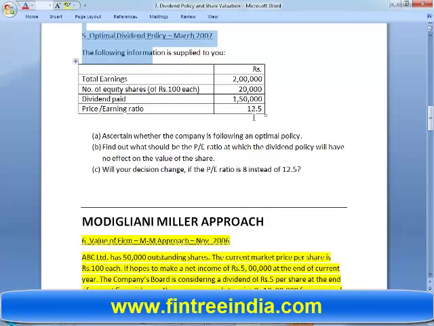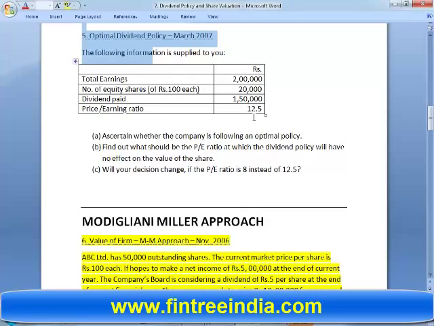So write down, make a table. Say total earnings 2 lakh. Number of shares 20,000. Below that, total equity 20 lakhs. So you can write down how we derive 20 lakhs. You can say 20,000 into 100.